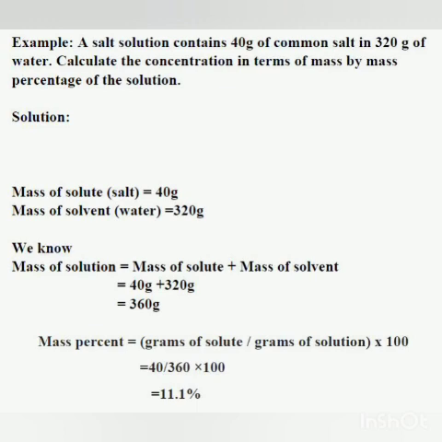So the total mass of solution is 360 grams. So how will you find mass percent? Grams of solute, that is 40, divided by grams of solution, which is 360. Understood or no? Into 100. That will give you the percentage. I hope it is clear to everyone. Gram, mass and percentage.